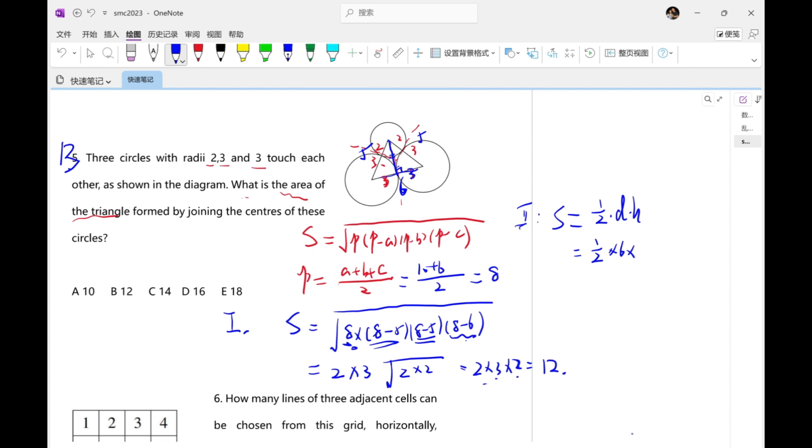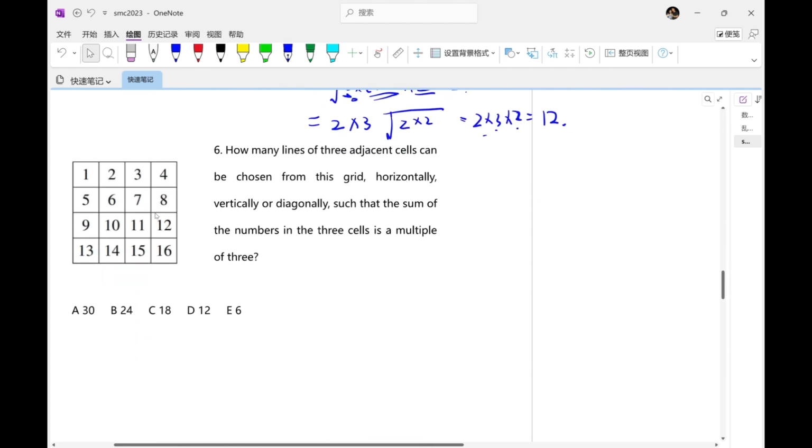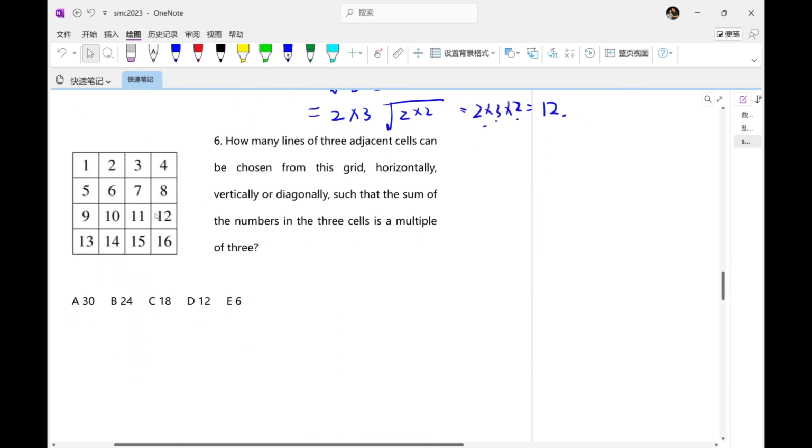So this is a 3, 4, 5 right triangle, and the height is 4, and we also get 12 for this question. So option B. Then we go to question 6.